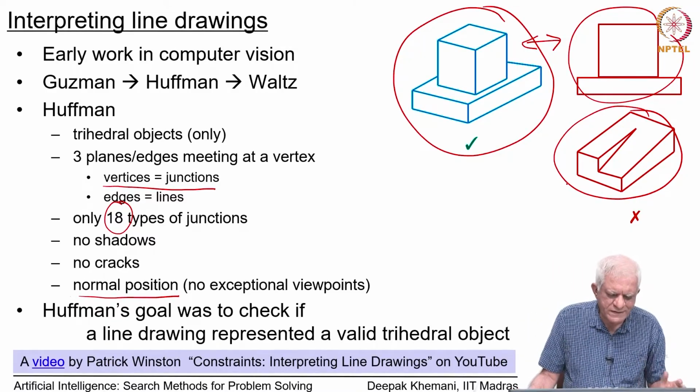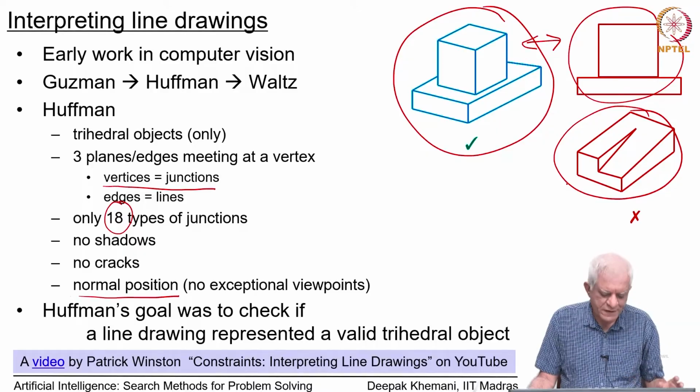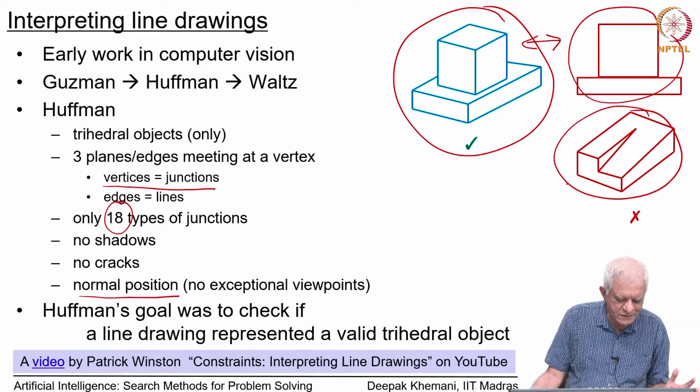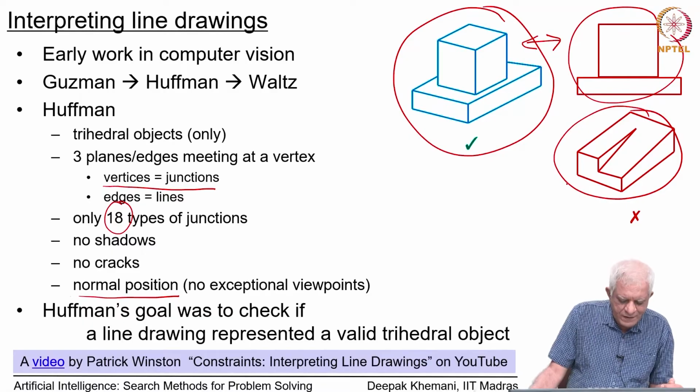Now, if you want to look at the history of this problem, there is a nice video by Patrick Henry Winston, who was one of the founders of AI, and in the 70s and 80s he had written a book which was very popular. Unfortunately, he passed away, was it last year or the year before last? There is a video available from the MIT free courseware.